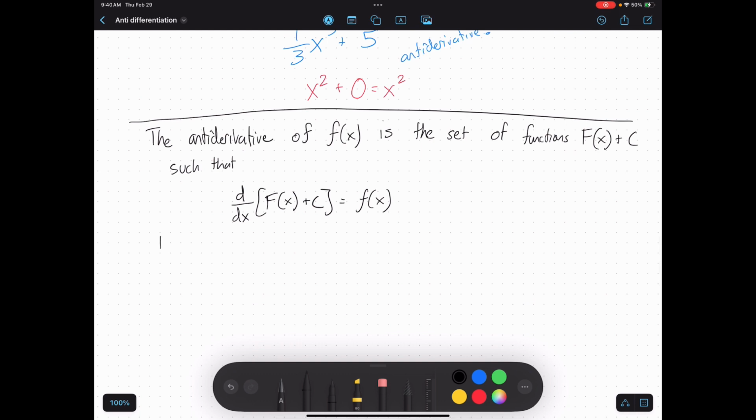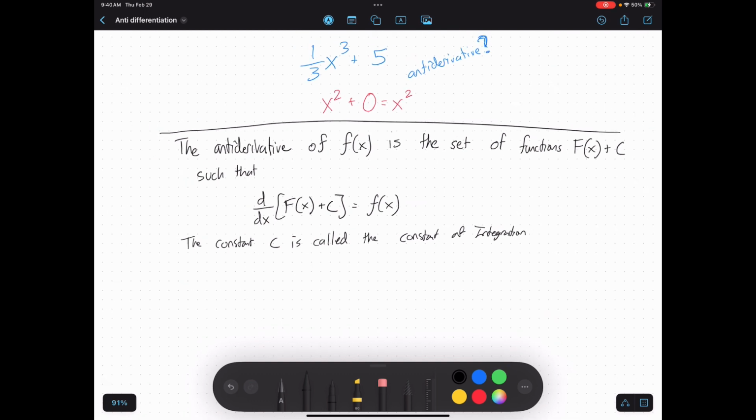We call this constant c the constant of integration. And that's always going to be there when you're working with antiderivatives, because you can put any constant there and it still counts as an antiderivative.